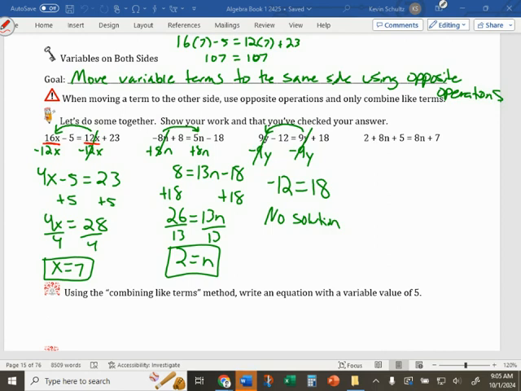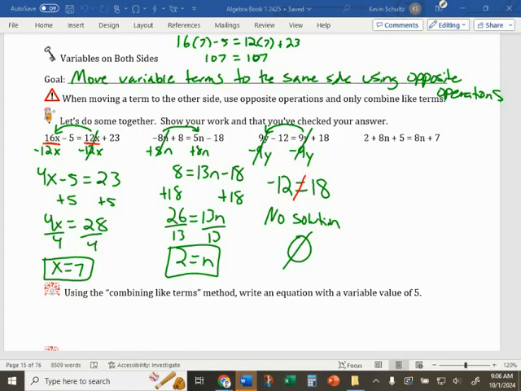If you have this untrue equation, negative 12 is not equal to 18, when your variables cancel out and what's left is not true, it's no solution. The mathematical symbol for no solution is a 0 with a line through it. You can't put y equals 0 because 0 is a value.